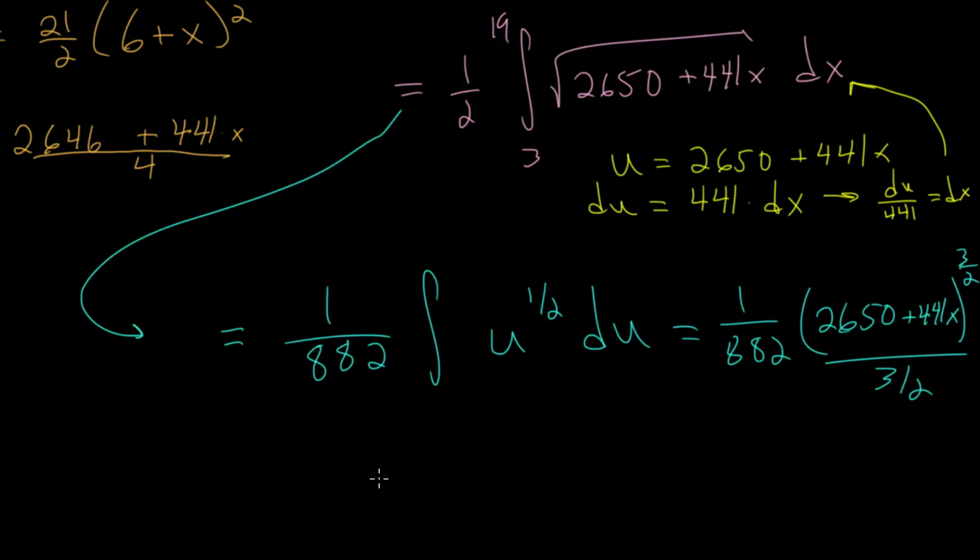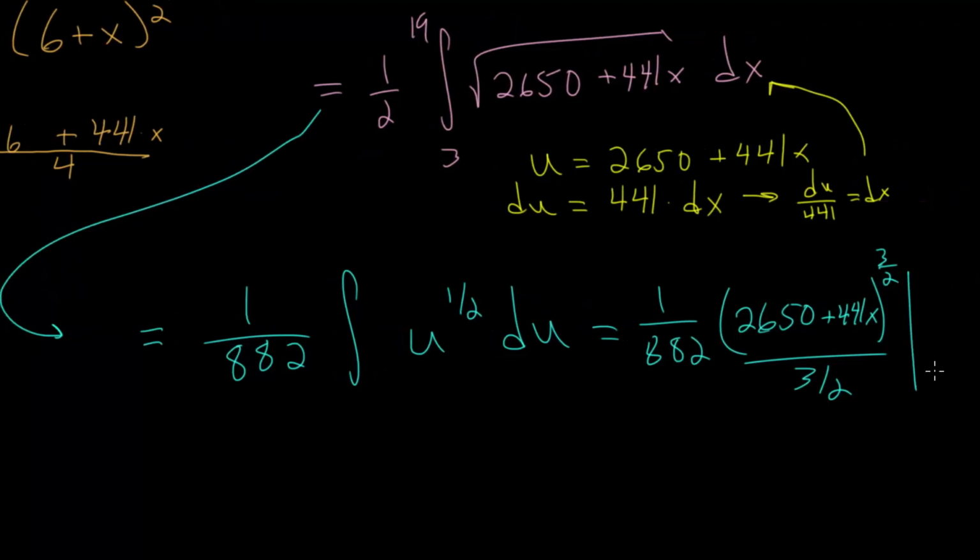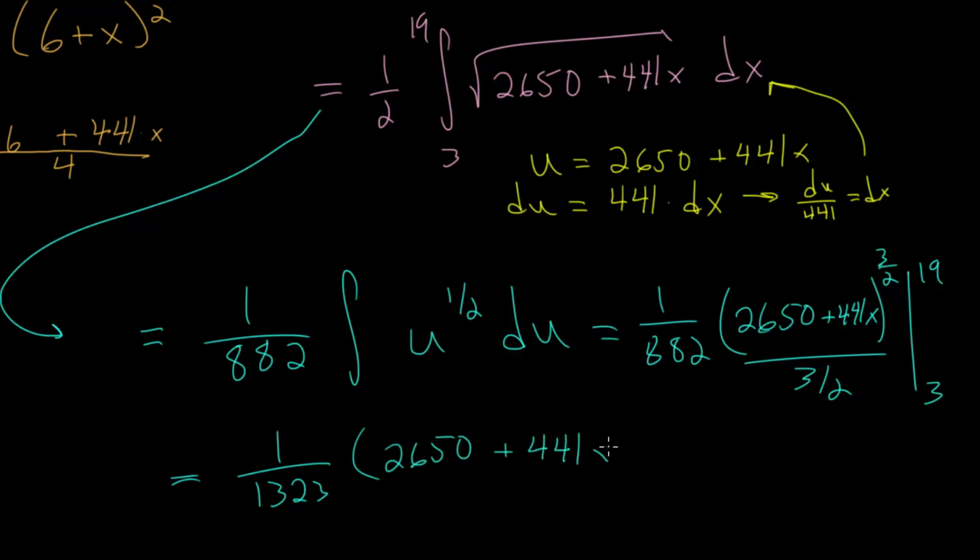So after a little bit of further simplification, and I should put in the bounds here, we're going from 3 to 19. We can simplify with some arithmetic out front so that we just get 1 over 323. And we have this expression on the inside, 2650 plus 441x, all raised to the 3/2 power, and that's between bounds of 3 and 19.